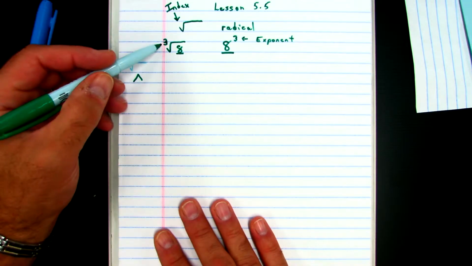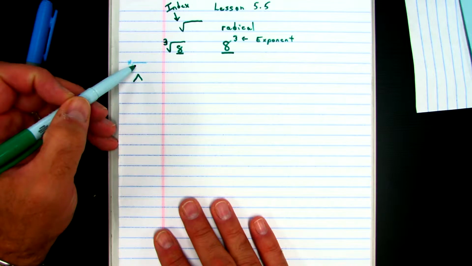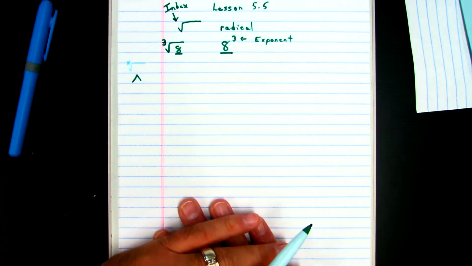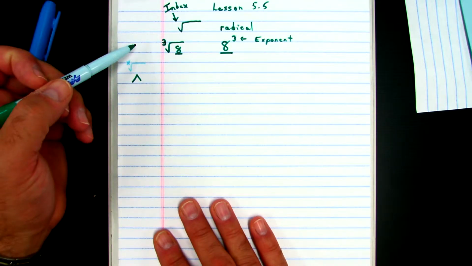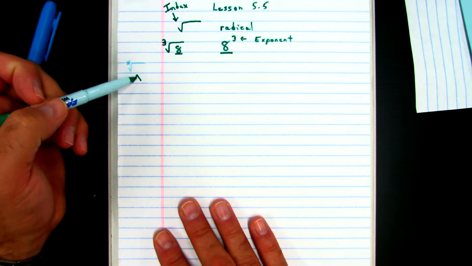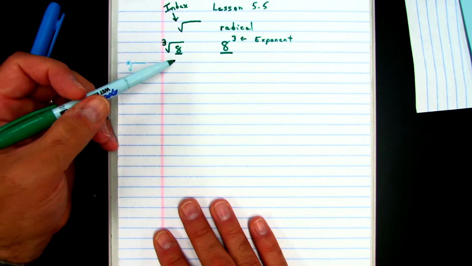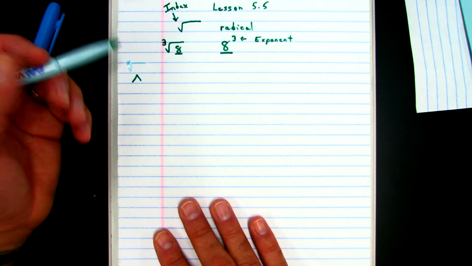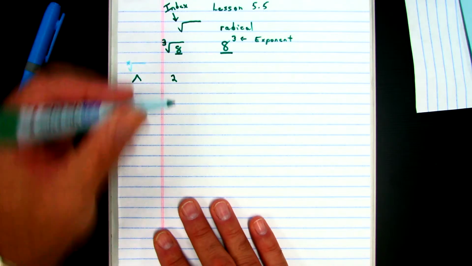Well, you have to type in what the index is first, then your second function and that key, and then the number. And you hit equal, and it will put it in. So in this case, it would be 3, second function, square root sign, or the caret key, because the square root sign is the second function, and then 8. And on your screen, it should look like this, if you have the correct calculator. Then when you hit equal, it should say the number 2.